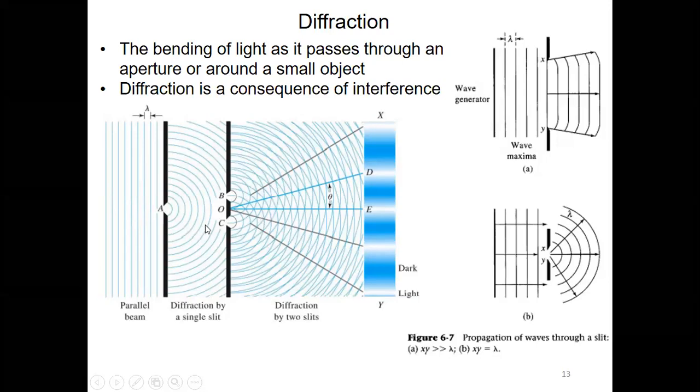And also the light which passes through the slit C, that one also will diffract like this. When these two holes diffract the incoming light, you will see here, look at the O to D direction, this one, and the O to E.